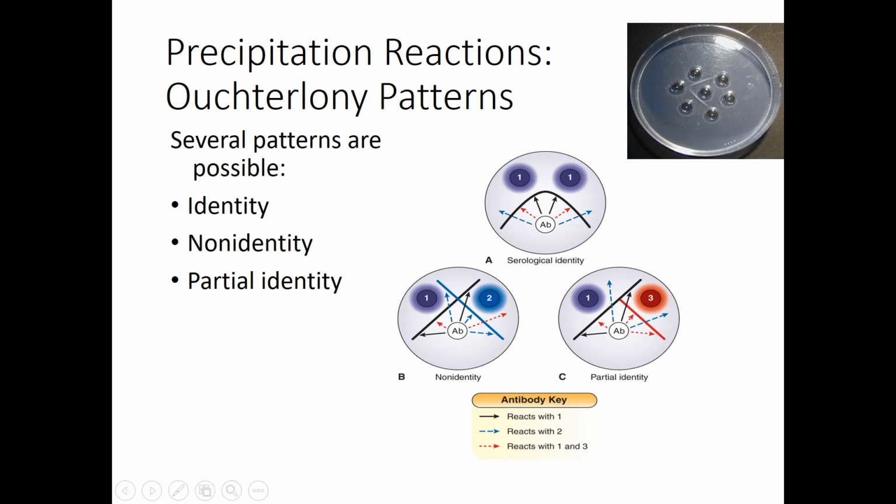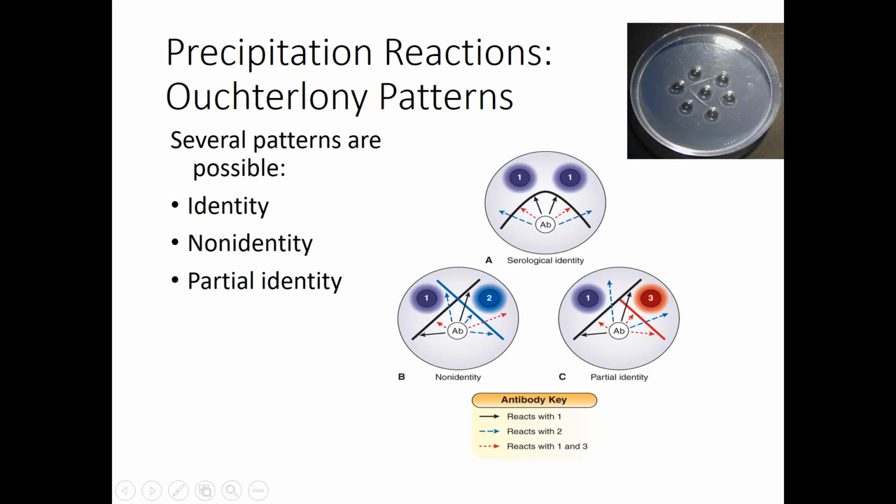If the line of precipitation is sort of equidistant between the patient and this reagent antigen, and it creates this arc like this, this is telling me these are both the same antigen. So if we know what this one was, it was from a reagent, then we know what this one is, because this is the exact same as this. We call this serologic identity or antigenic identity. We call that identity right there.